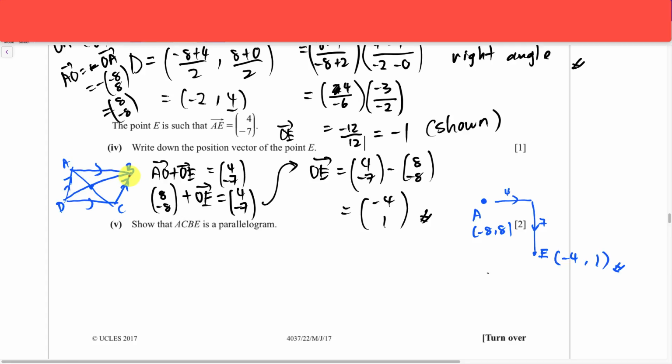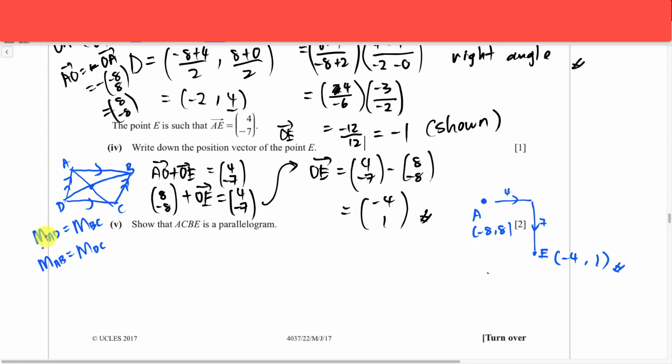Right, this is one of the ways I like to use. Or some students, there are a few ways to show it, or you can show that the gradient of AD will equal the gradient of BC. Then you need to show that the gradient of AB will equal the gradient of DC.